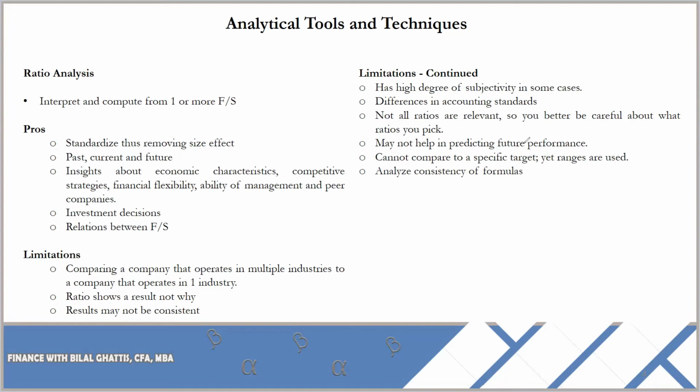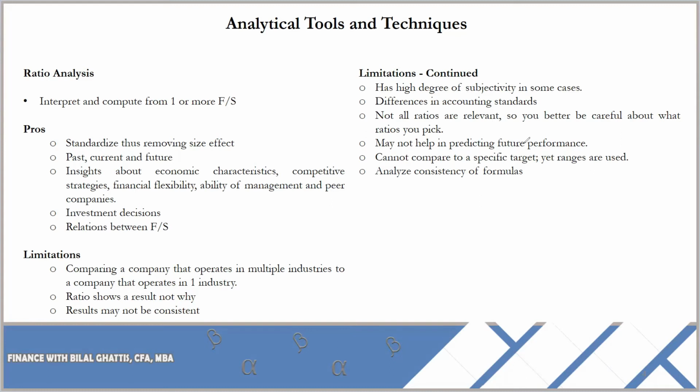Differences in accounting standards, just like I've said before, whether we're talking about GAAP, IFRS, or any other local accounting standard that countries might use. Then we talk about relevancy. Not all ratios are relevant because operating in certain industries does not mean that all ratios are applicable to this specific industry.